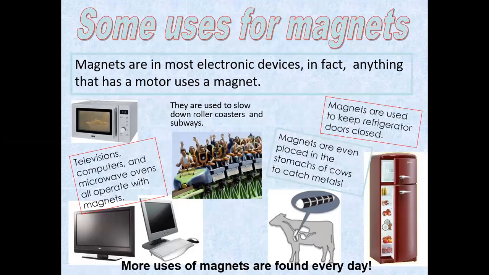We actually use magnets in our daily life. These magnets are used in ovens, in subways, in refrigerators, televisions, TV, microwaves, and there are a lot of things in which magnets are used, right? Magnets are even placed in the stomach of cows to catch metals.